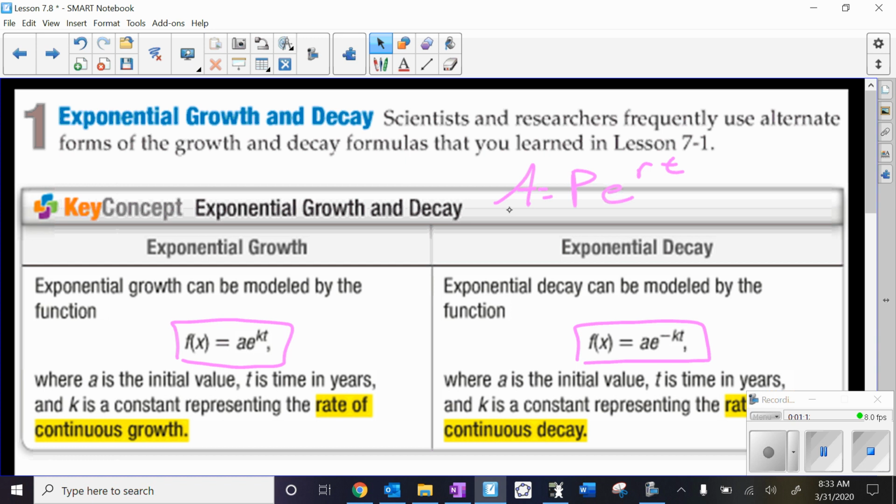And it's basically the same thing as these ones down here. A is your initial value, E is your base, K is your rate now, and T is time. So they're pretty much the same thing that we've done from section 7 to now. We're actually going to start with exponential decay.